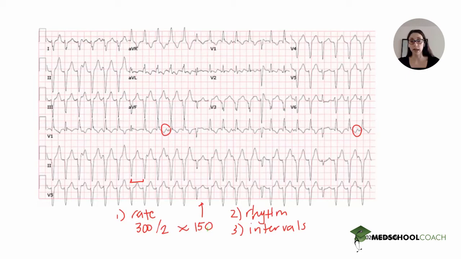So we can take any number of these QRS complexes and we're seeing that it's certainly more than 3 little boxes, even without being able to see the fine details of the little lines. We can just eyeball it and we see that this is a wide complex QRS, and we are not in sinus rhythm.